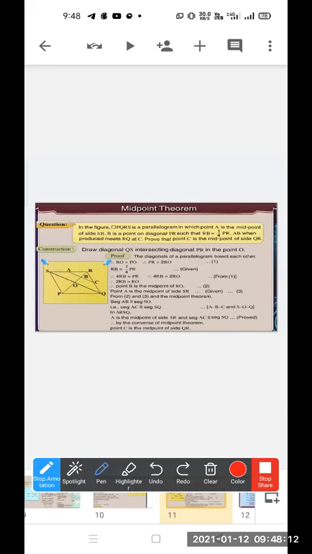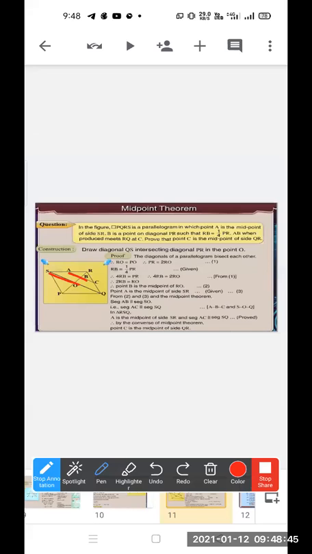Now see here, point B is the midpoint of RO. It is given. And point A is the midpoint of SR also. So by applying the midpoint theorem, AB is parallel to SO.